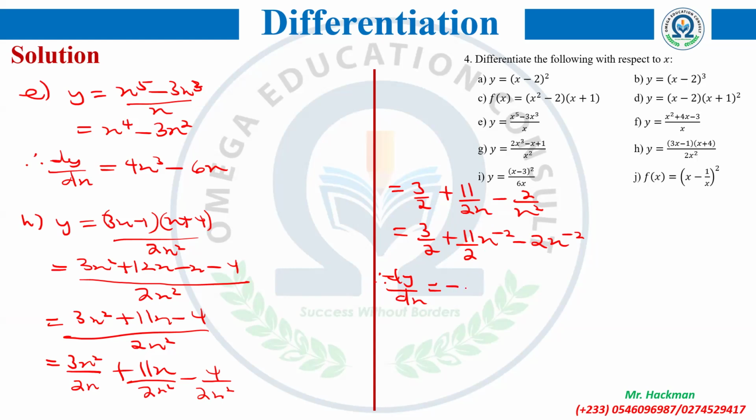So I'll get negative 2, the 2 and the 2 in the numerator. So 2 will cancel, and I'll get negative 11 x to the power negative 3. Then minus, this one will come down and multiply, so I'll get plus 4 x to the power negative 3. Hey, this one, is it x to the power negative 2? It's x to the power negative 1. You didn't prompt me.